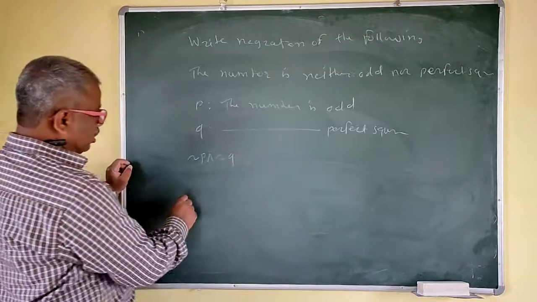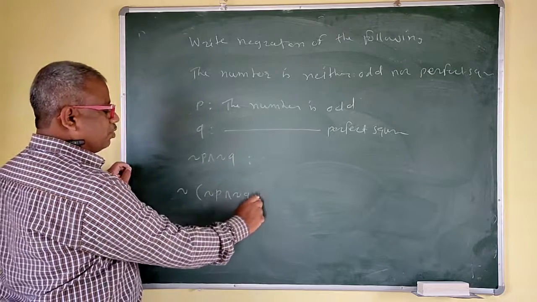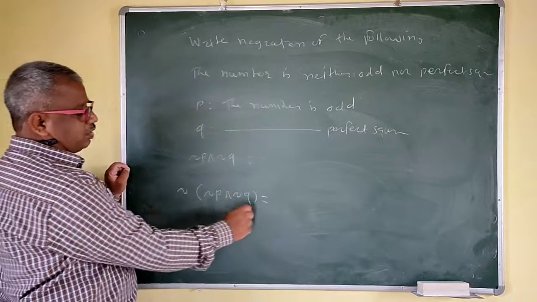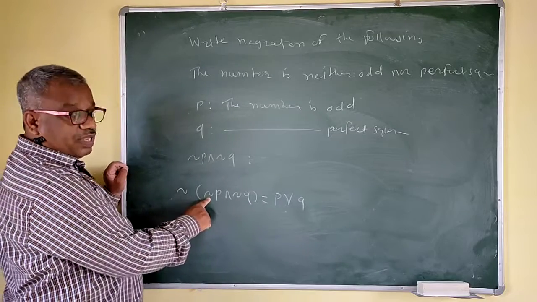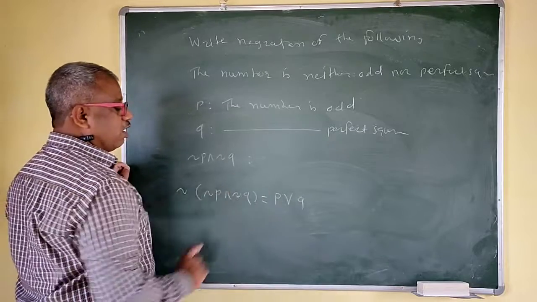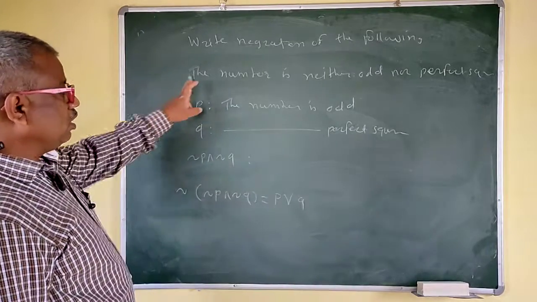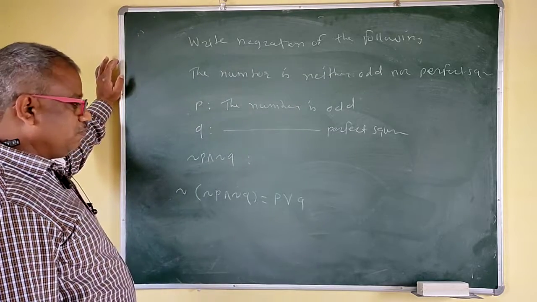The number. And negation of this one, you have to write negation of P and negation of Q. So negation of P and negation of Q is what? Negation of negation P is P. Negation of negation Q is Q. And is replaced by R now. That means what? The number is odd or perfect square.